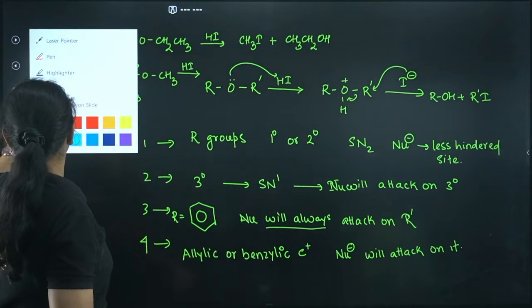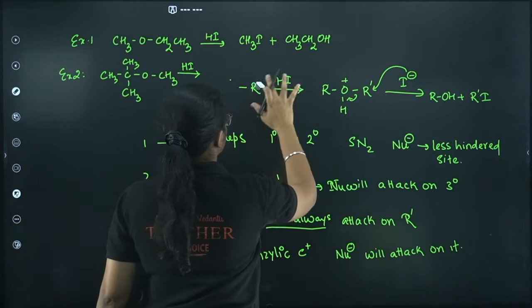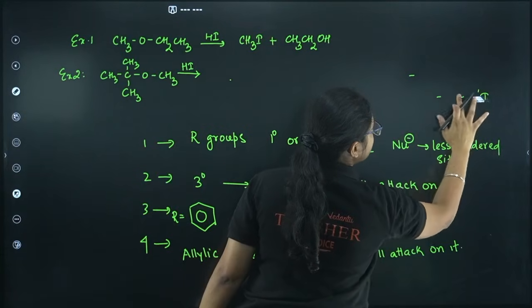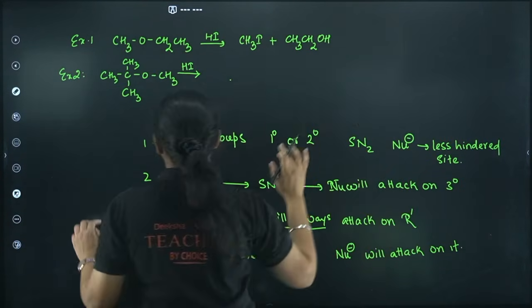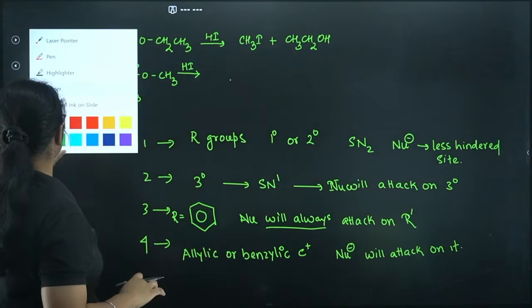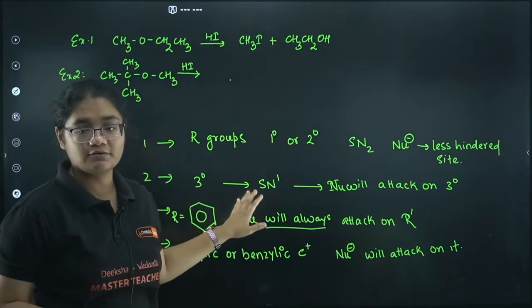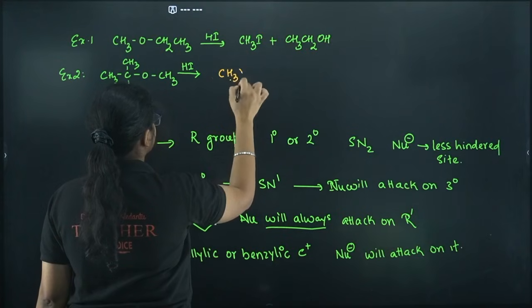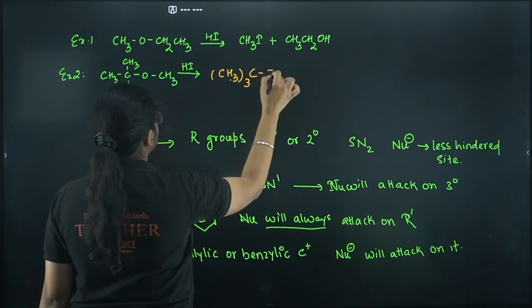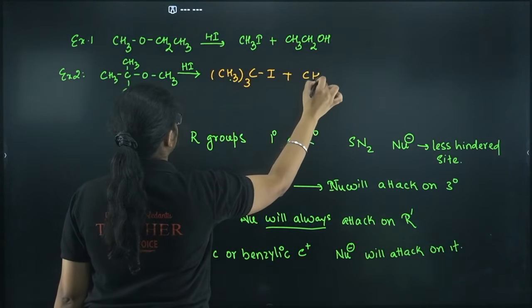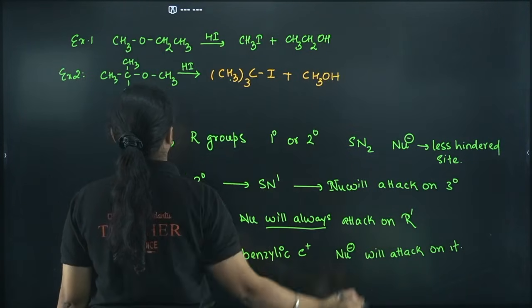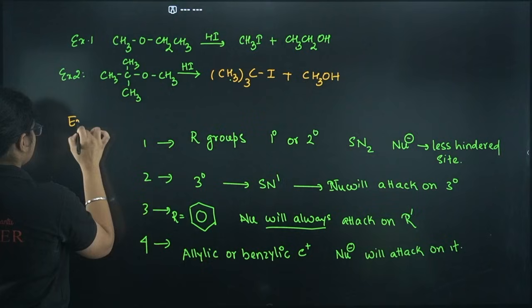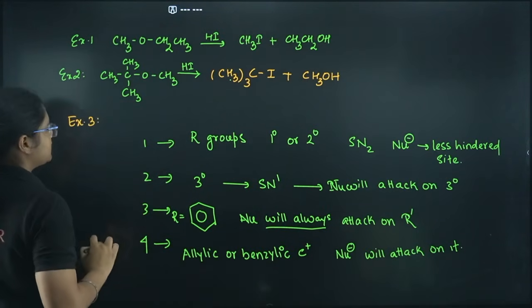I will erase this part so that I can explain all the examples, as I need some more space. So understand, if one side is tertiary and one side is primary, then the reaction goes by the SN1 mechanism. I minus will attack here and I will get (CH3)3CI plus CH3OH. Clear.